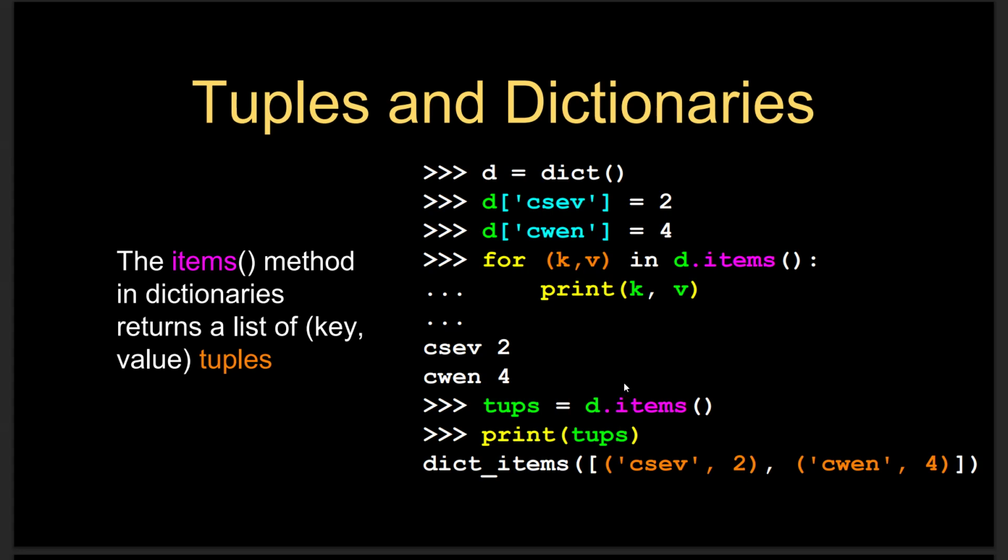Like that, key-value pairs can be printed by converting into tuples using this method. So you can convert a list into tuples, or even convert dictionaries into tuples, by using these methods. Like that, you can do certain operations.